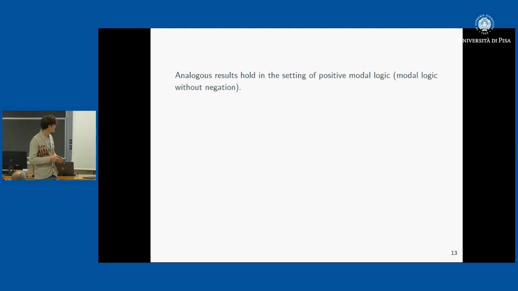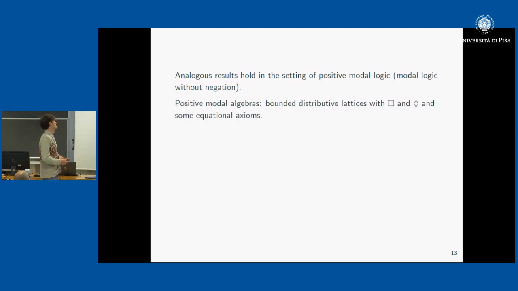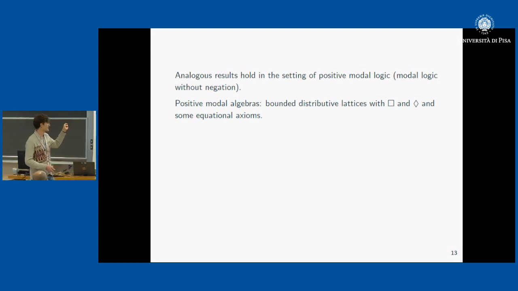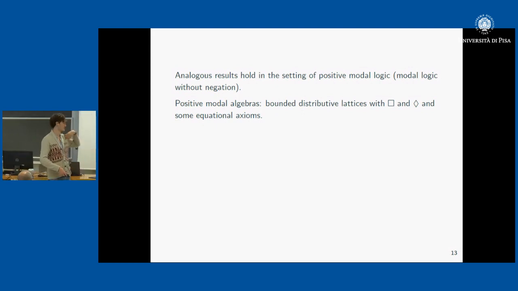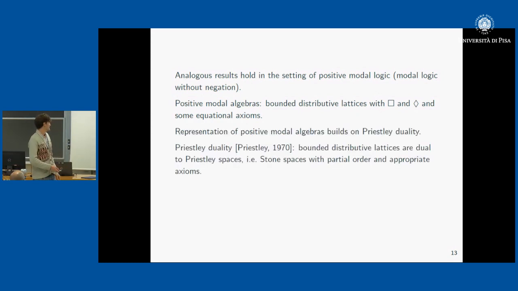And also analogous results hold for positive modal logic. Positive modal logic is modal logic without negation, and it has algebras, which are positive modal algebras. These are bounded distributive lattices with box and diamond and some equational axioms. We have a representation theorem for positive modal algebras that builds on Priestley duality.